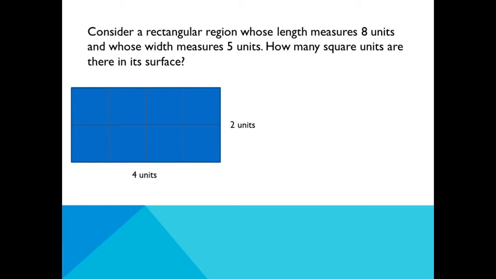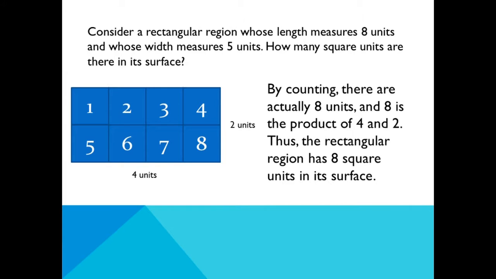Now consider a rectangular region whose length measures 8 units and whose width measures 5 units. How many square units are there in its surface? Let's count. 1, 2, 3, 4, 5, 6, 7, and 8.